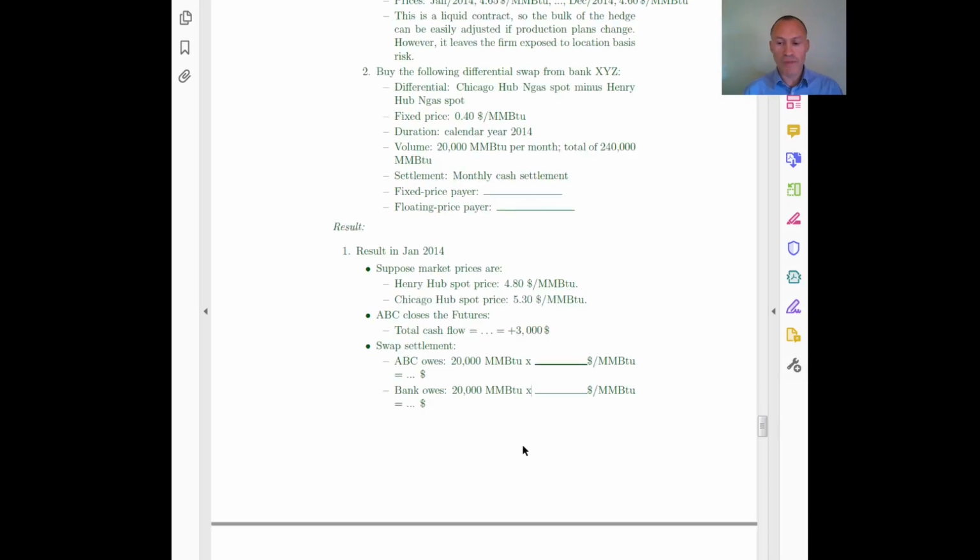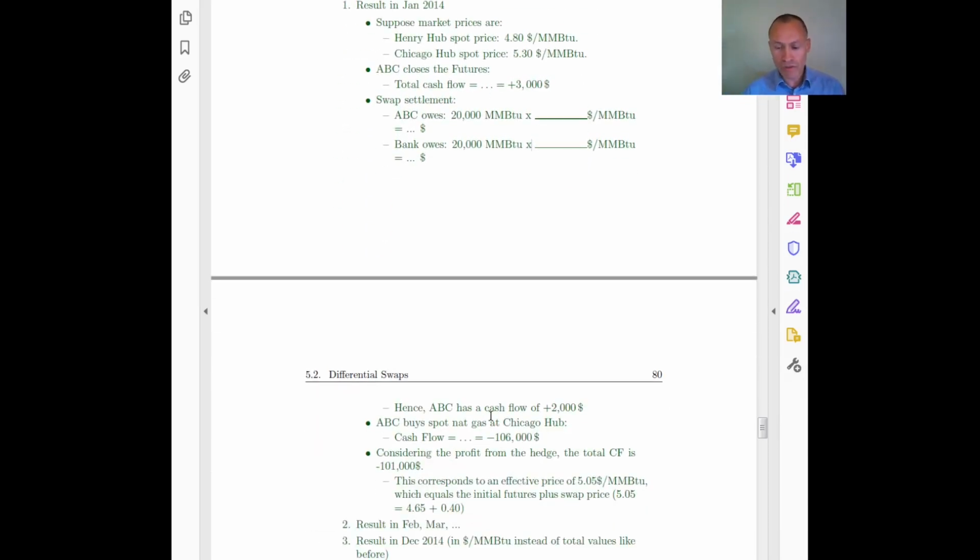I see which one is bigger, and someone is going to make a profit, the other side is going to lose money. So in this case, ABC has a positive cash flow of 2,000, so ABC receives money from the bank. Now ABC actually has to buy the natural gas at Chicago Hub, so we pay the quantity times the actual price today of 5.3.